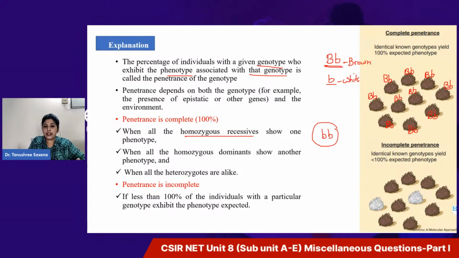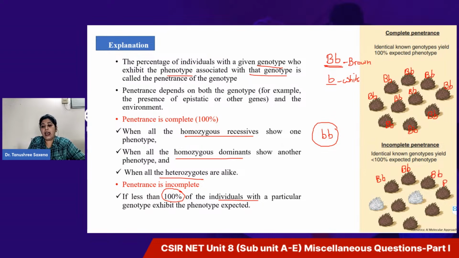When all homozygous recessive show one phenotype, and all homozygous dominant show another phenotype, and heterozygotes are all the same, then it's a 100% penetrance, complete penetrance. However, if less than 100% of individuals show the phenotype which they are capable of showing, we say penetrance is incomplete.